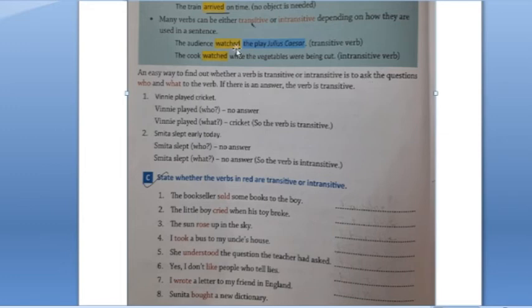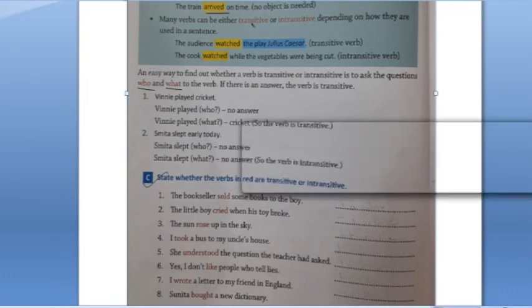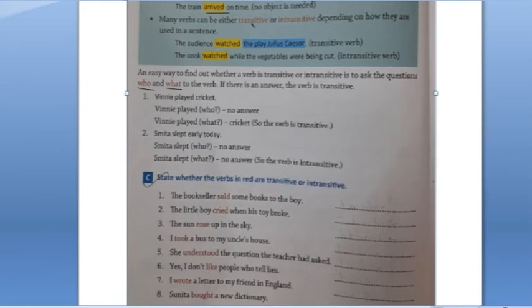Means if I ask the question who or what to the verb in a given sentence, and if there is an answer, then the verb is transitive. The example is given over here.